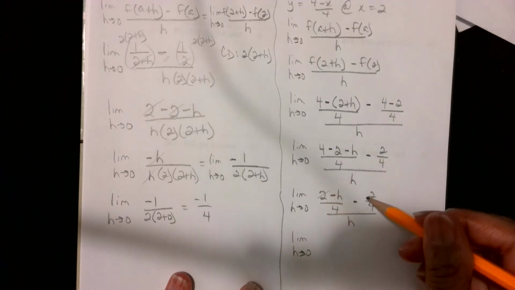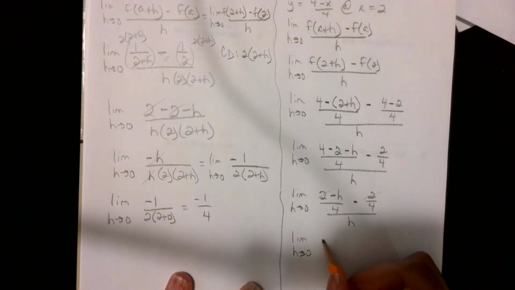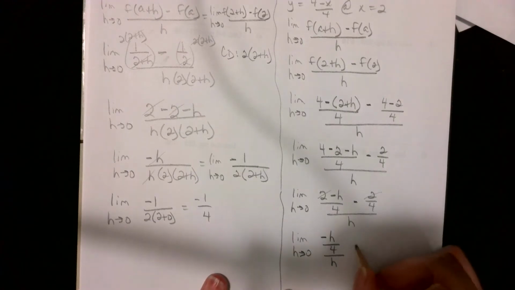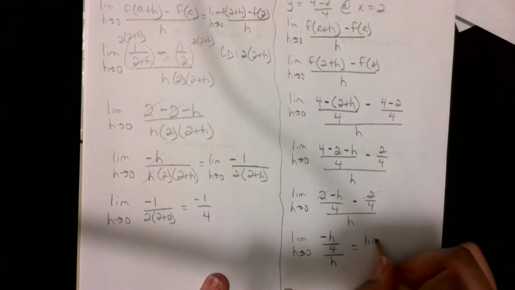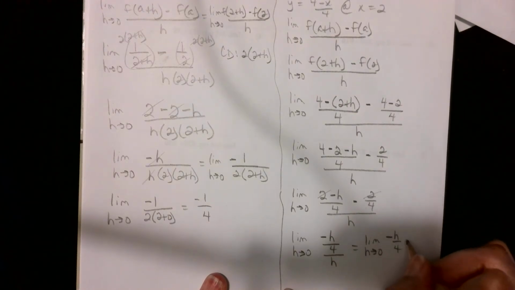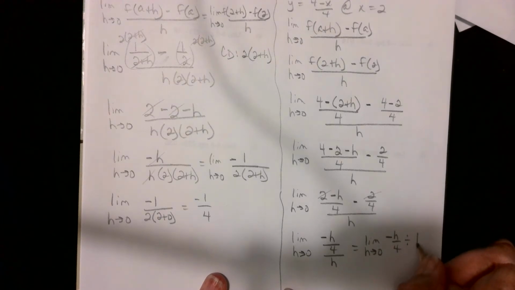So that actually cancels with that. And then we get negative h over 4 over h. And I know that looks funny, but it shouldn't be too big of a deal because this is just negative h over 4 divided by h. So if we just rewrite it, it's just negative h over 4 divided by h.